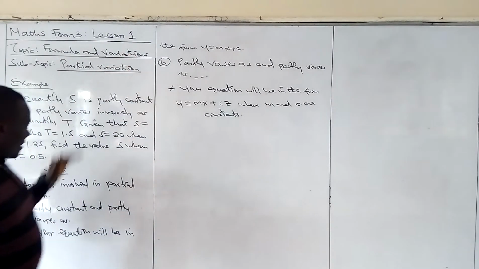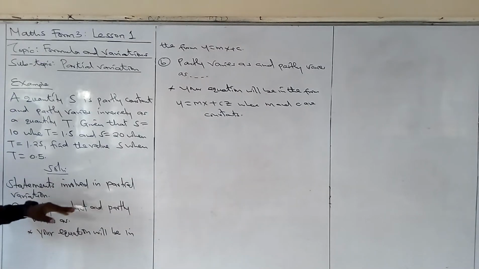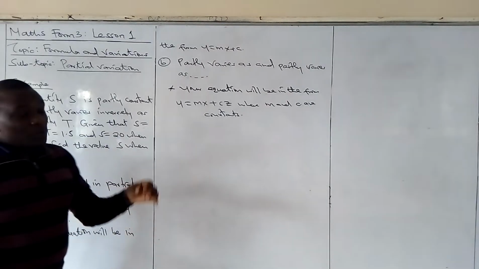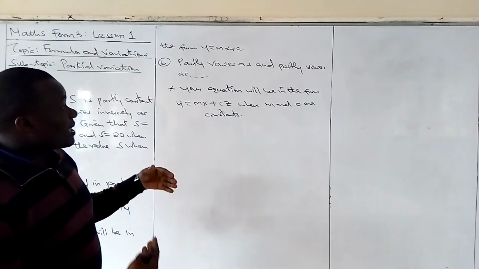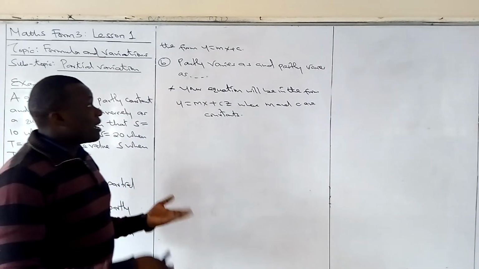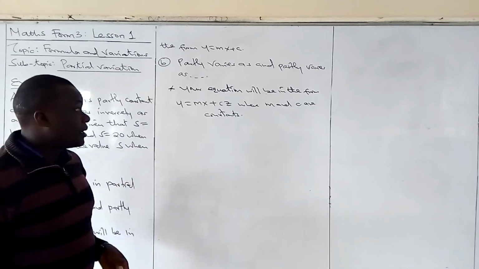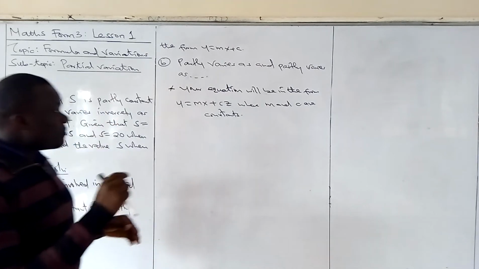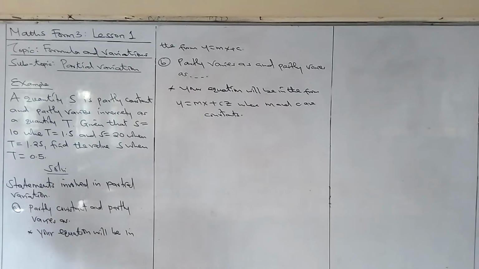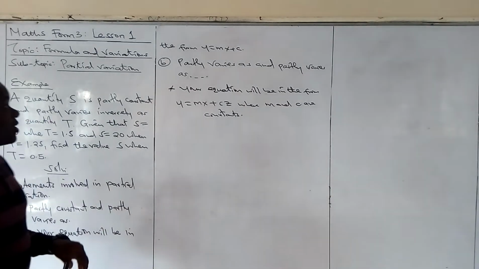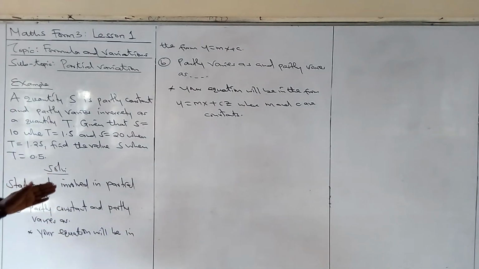But when you compare the first case of part constant and part varies as, we have two constants. One constant is having a variable, the other constant does not have a variable. So that's the difference. If you are able to differentiate the two statements in any given exam, then you can do any question on partial variation without any difficulties.